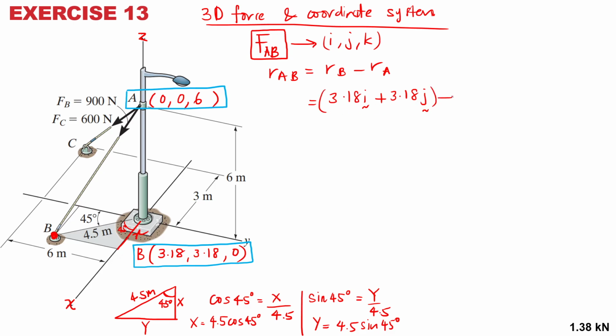How about RA? Minus RA would be 6k. So this problem is easily solved.